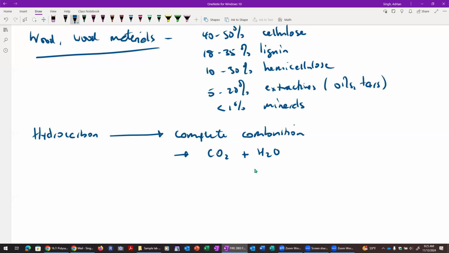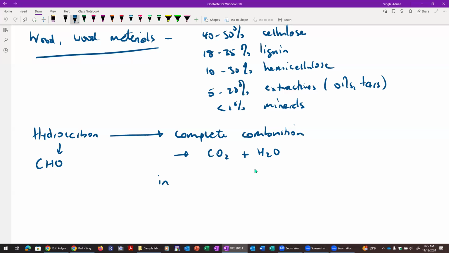Now, when do you have complete combustion of stuff in a fire? Well, maybe not all the time. Sometimes you're going to get some carbon, some soot, some smoke, some carbon monoxide, depending on the degree of combustion, whether it's complete or incomplete. But if you have something that contains C's, H's, and O's, and you burn it, these are the typical products you're going to get under complete combustion.